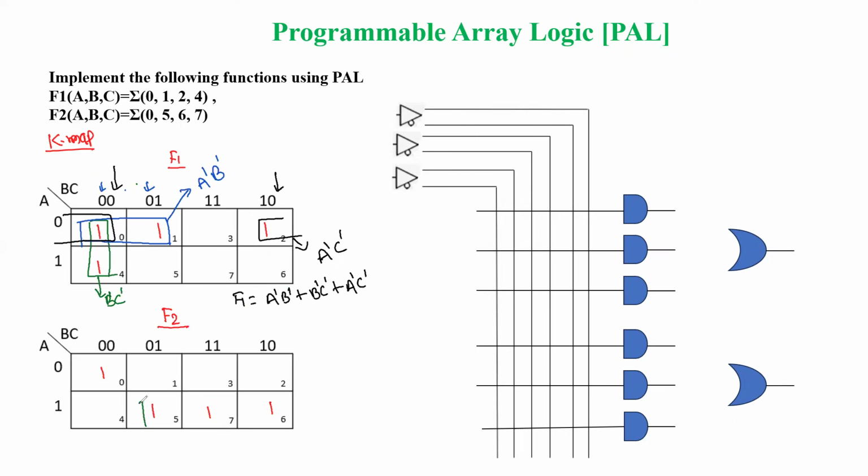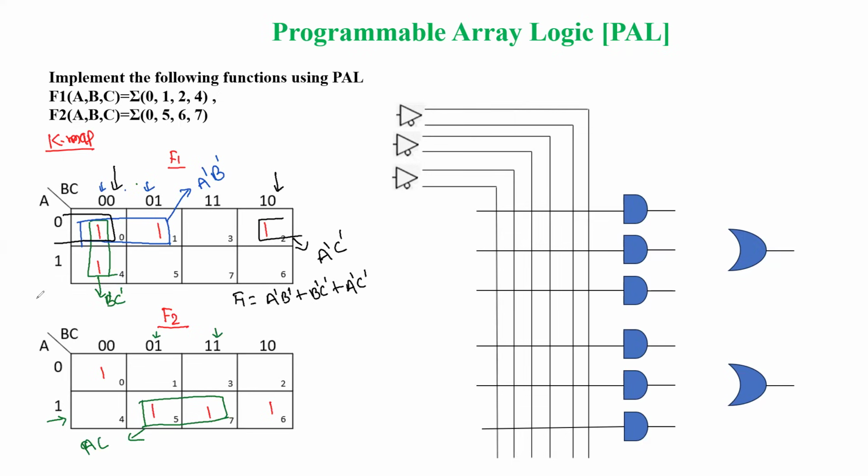If we include min terms 5 and 7, we get one pair. For that pair, row wise the common is A, and column wise the common is C. That's why we get AC.